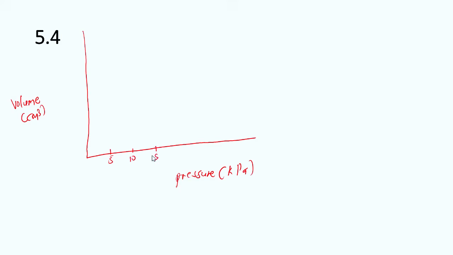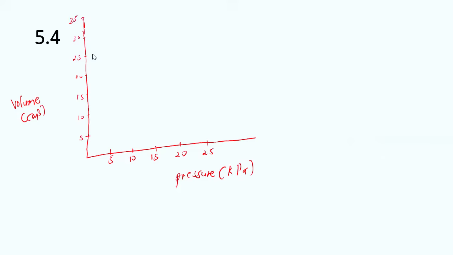So that's 15 and then 20 and then it ends at 25. Then on our y-axis, we have 5, followed by 10, 15, 20, 25, then 30, and ending at 35.